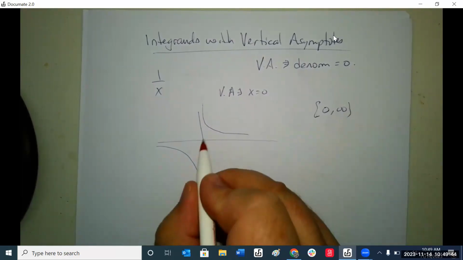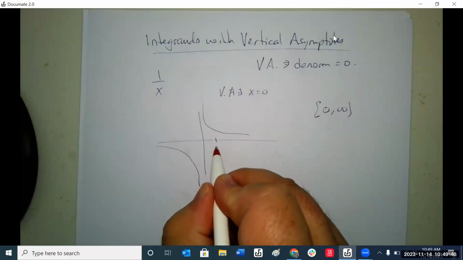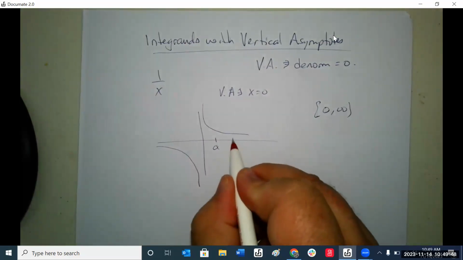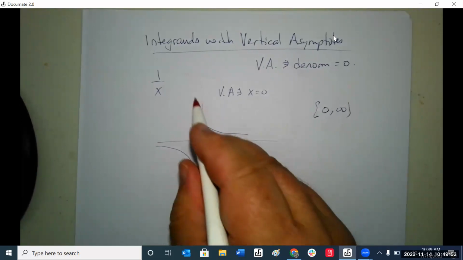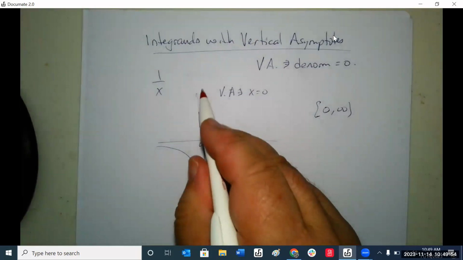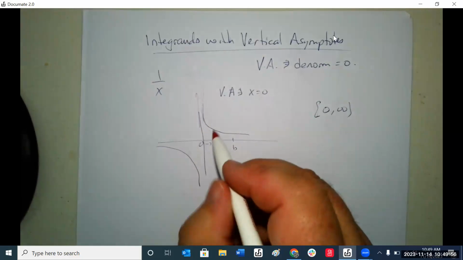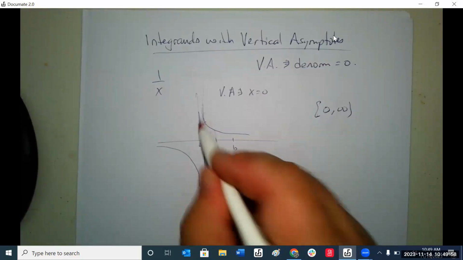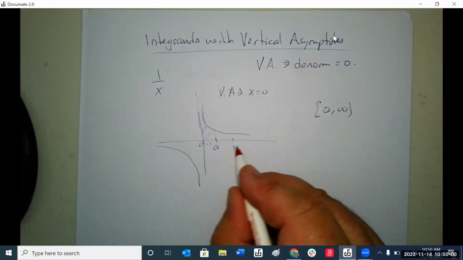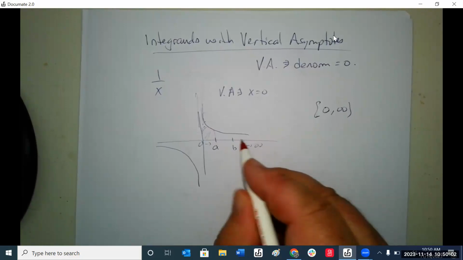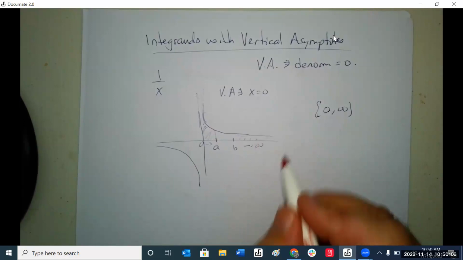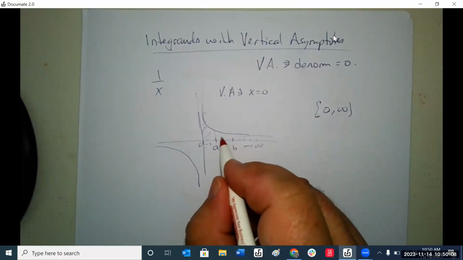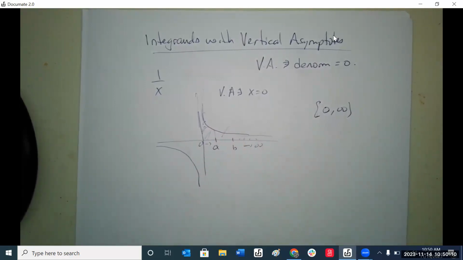We have two values, a and b. From 0 to A, it never touches, never crosses the x-axis, so we're looking for this area. From B to infinity, we're looking for this area, and it gets closer to the x-axis. And then we have this one, which is a finite set.